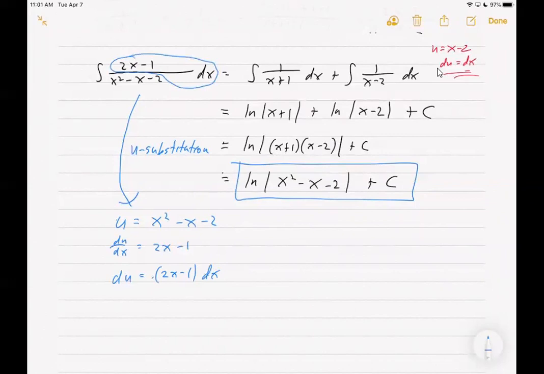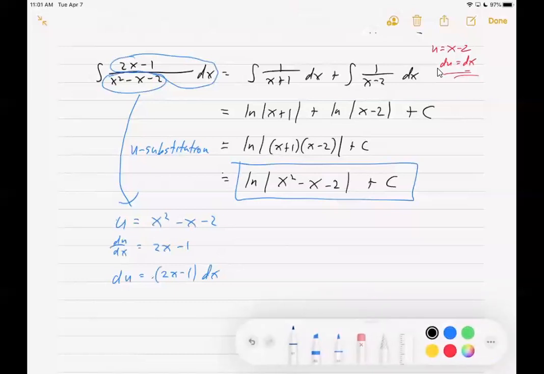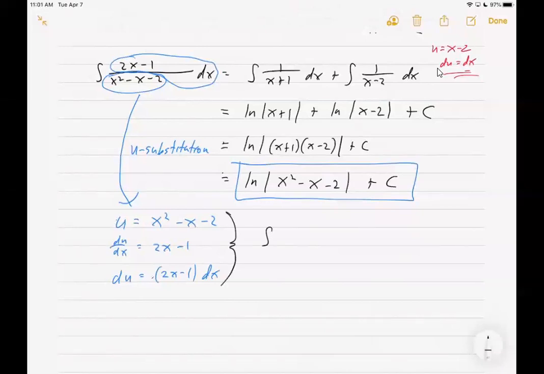So we can call all of that du, and we can call the denominator u. So we just end up with the integral of du over u, which is the same as what you're going to see when you have a 1 over u du or a 1 over x dx.